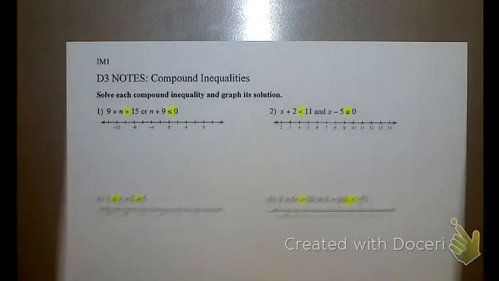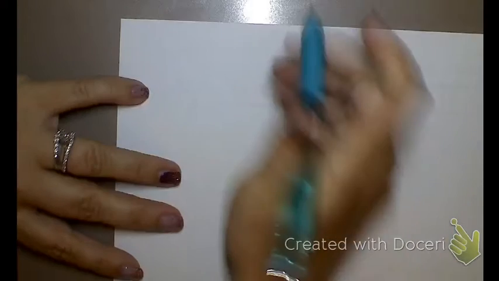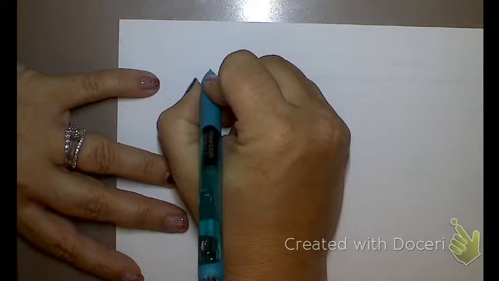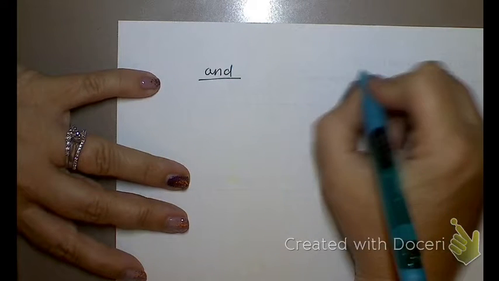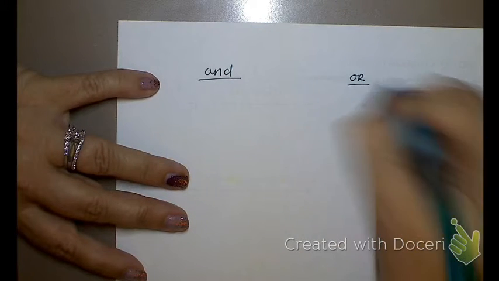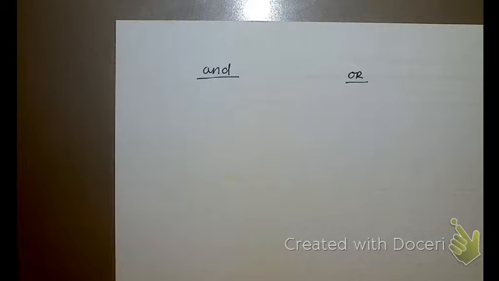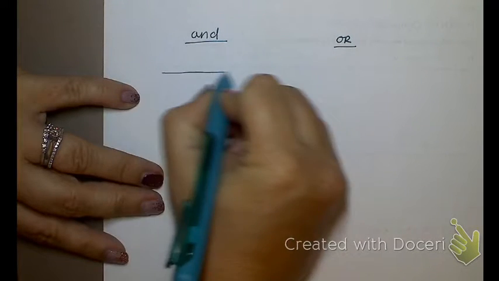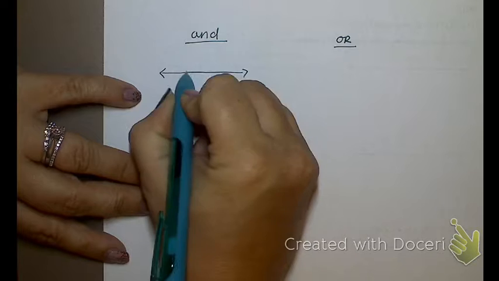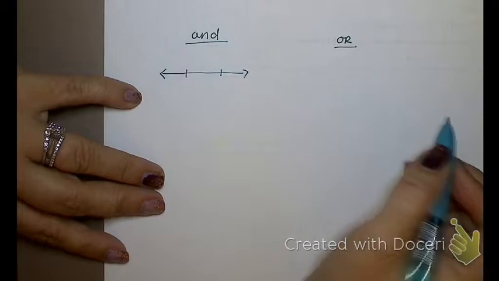When we have compound inequalities, we have two options. We either have and, or we have or. An and graph, when we graph it, will have two important points.